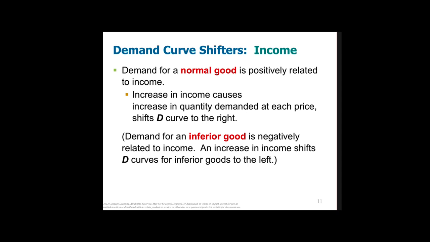The more money people have, the more they buy. Hot dogs, inferior good. Okay. I did not say all beef franks. I said hot dogs. It's the ones made with chicken lips and pig snouts. I love this. Hot dogs are an inferior good.